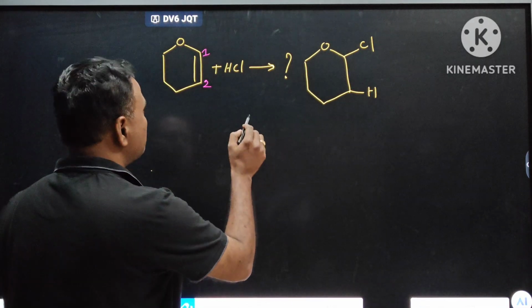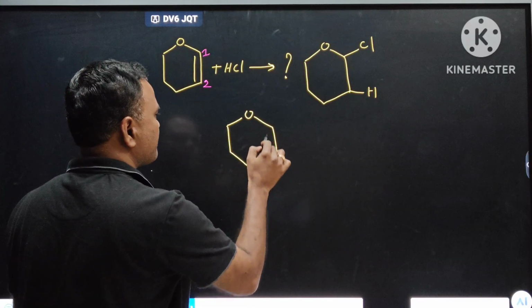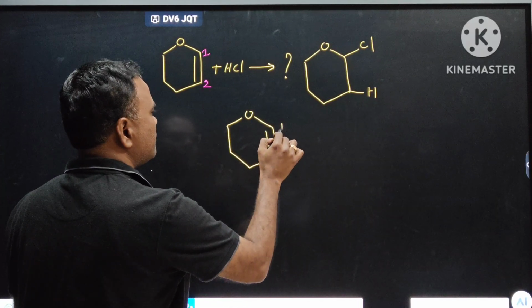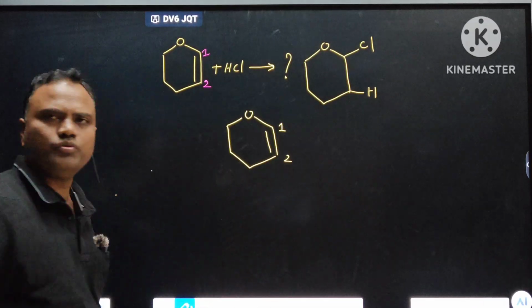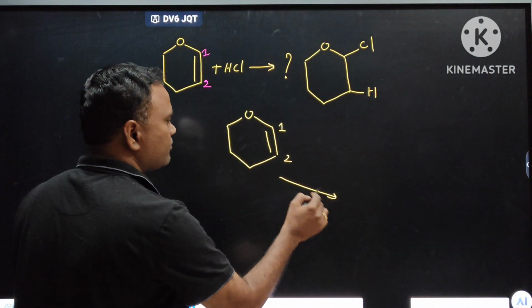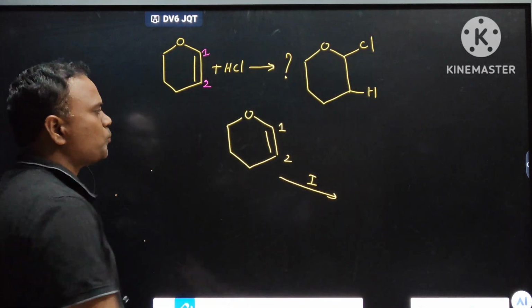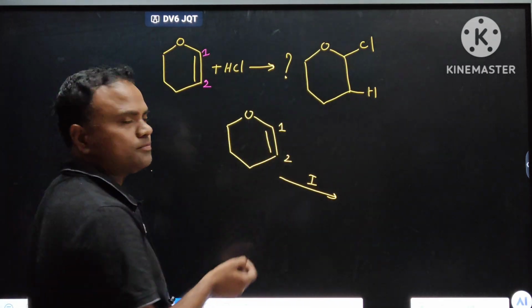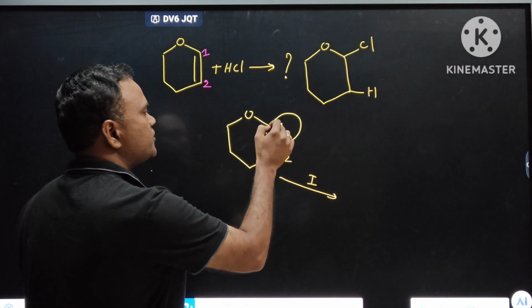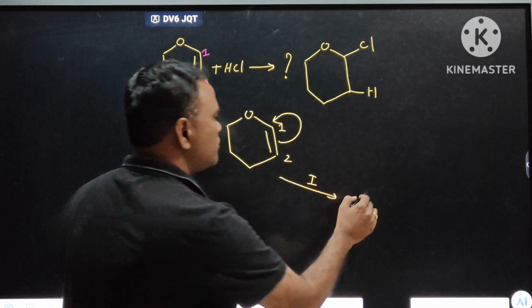Again, I am following two paths. Give numbers 1 and 2. Path 1, I am shifting the pi bond onto the first carbon. Then what will I get?